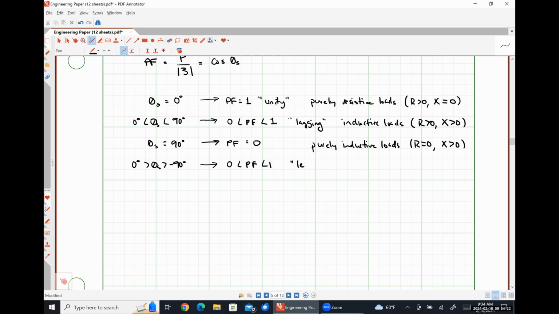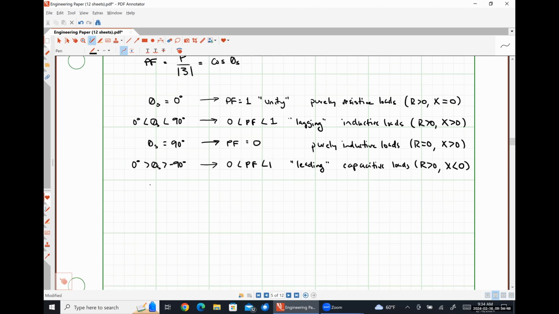But this time we're going to have what's called a leading power factor because our current is leading our voltage. This is true for capacitive loads, where R is greater than 0 and X is less than 0.